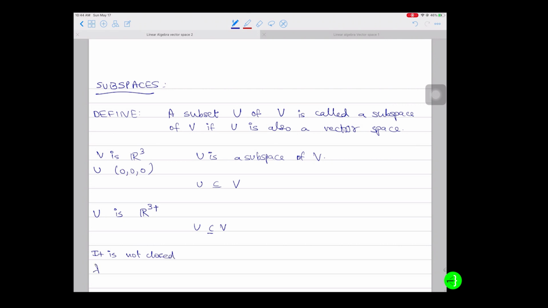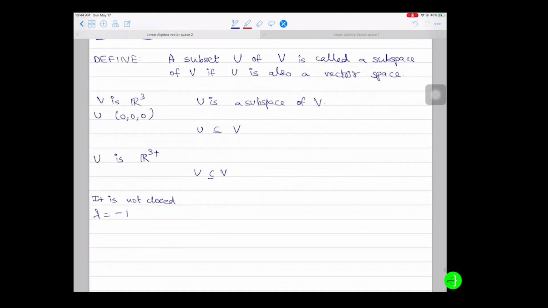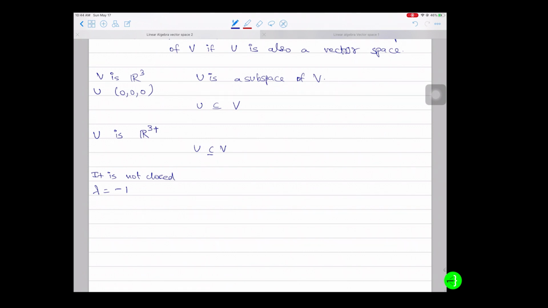If we have a lambda equal to -1, then any element u over here will become negative u, which is not a part of R3 plus. R3 plus means all positive numbers. It means it is not closed under scalar multiplication. It is closed under addition, but it is not closed under scalar multiplication. It means U is not a subspace.